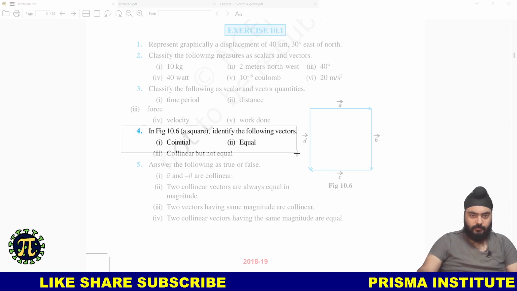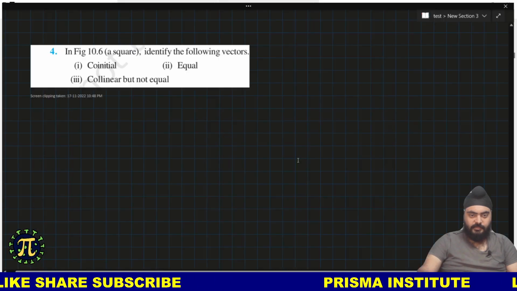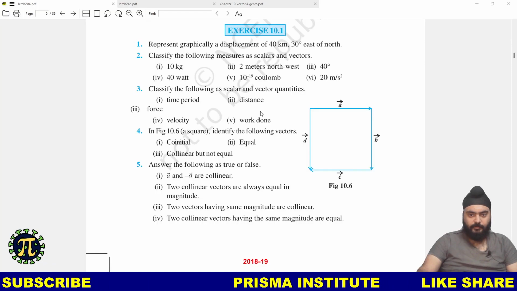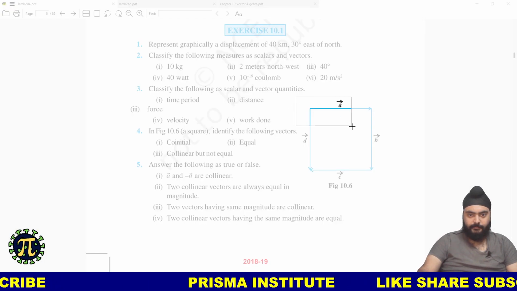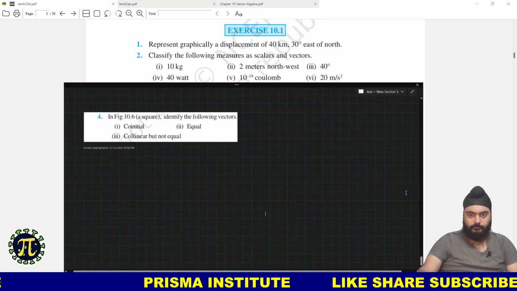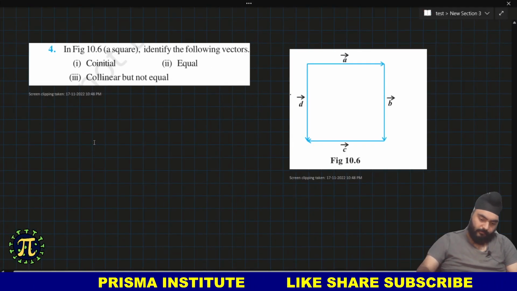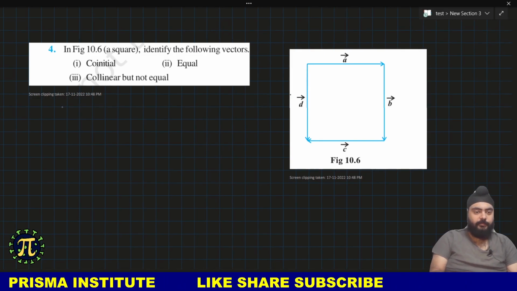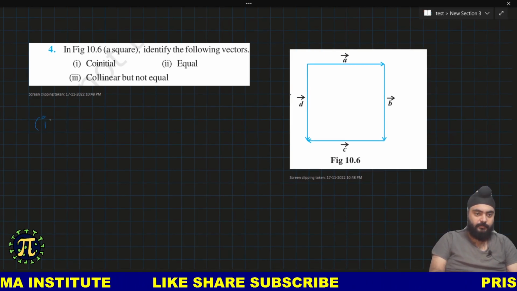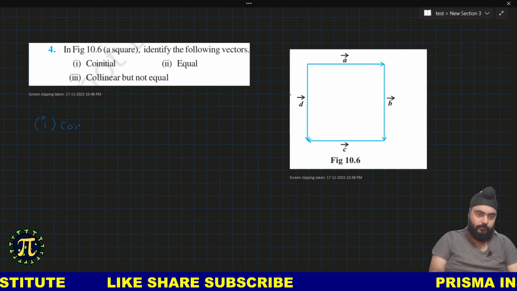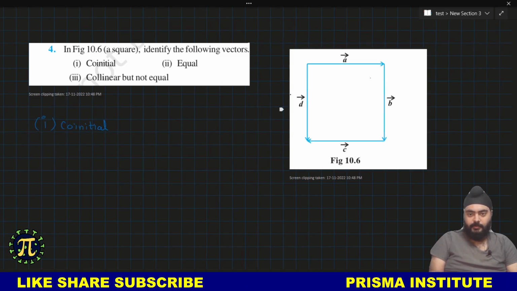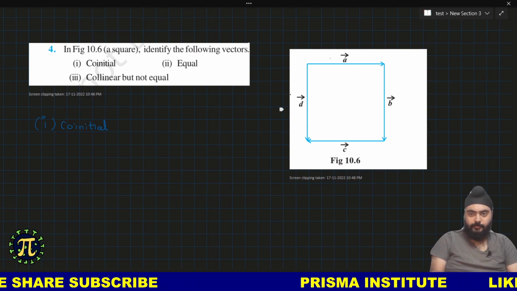So this here is our question and there is a diagram associated. Let's say this is our diagram. Identify the following vectors. First are co-initial vectors. Co-initial vectors start from the same point. So are there any vectors that start from the same point?